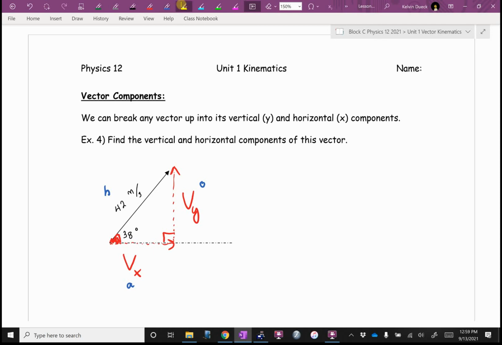So to find Vx, I'm going to use those 2, the A and the H. Which trig function is the A and the H? Sorry? Cosine. Of course it is. Oh, and how would I get the Vx by itself?